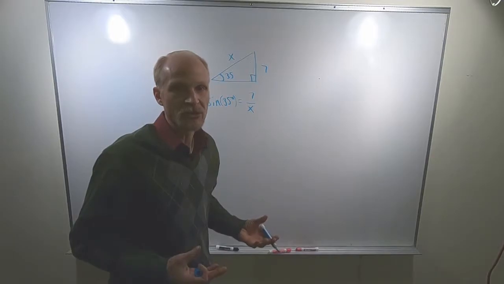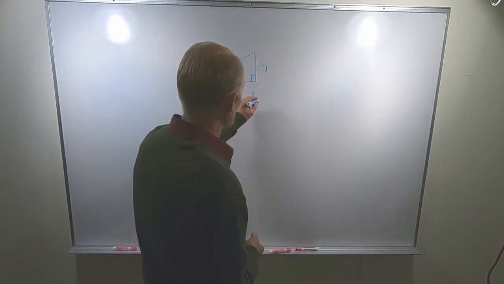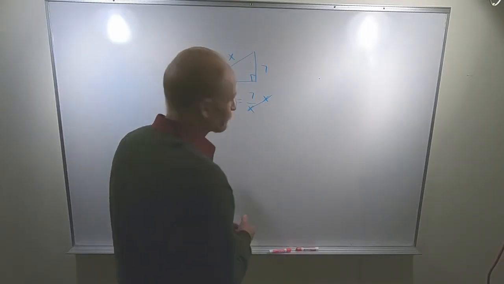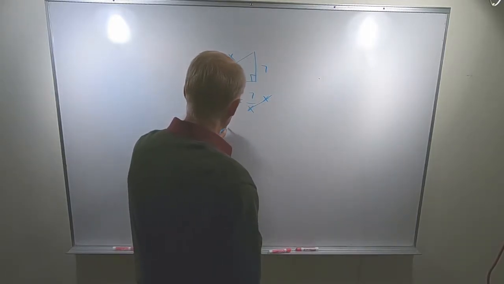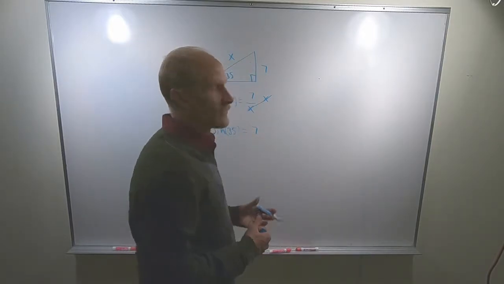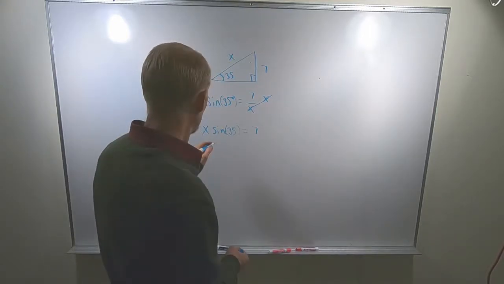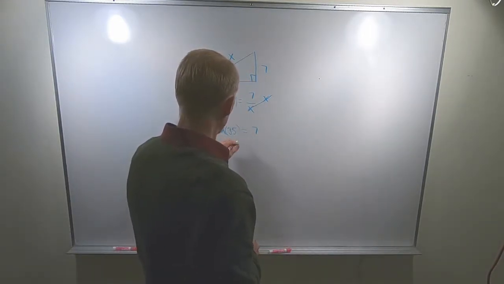And then I have to do a bunch of work to solve for x. In this case, I would have to times both sides by x. This cancels x out on this side, and it ends up over here. Next step, I have x times the sine of 35 equals 7. Now I have to divide by the sine of 35 to get x alone.